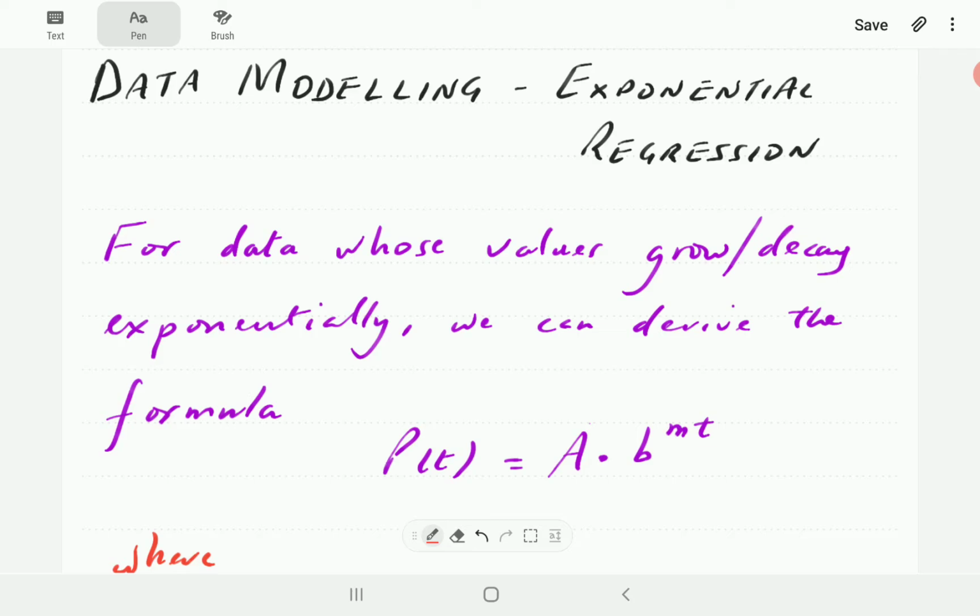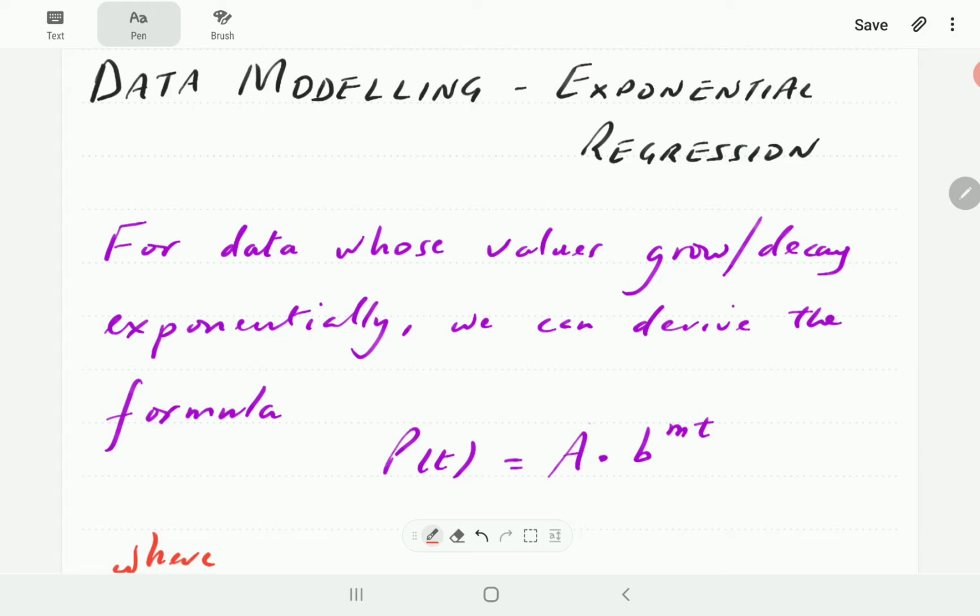So what we're going to be doing here is, once we have that scenario, we're going to be looking at how we can find an equation that best describes or models that data. So we're going to be looking at cases where the data either grows or decays, okay?